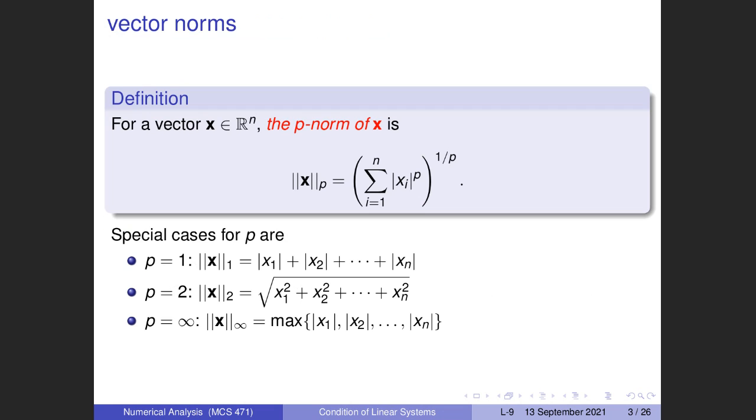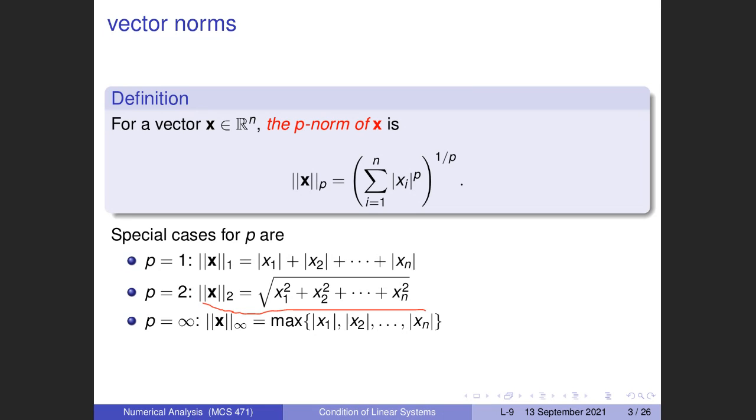Vector norms. From calculus, you must have seen the length of a vector by squaring the coordinates and then taking the square root of the sum. Now, we call this the 2 norm.